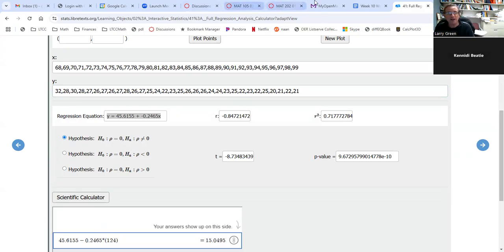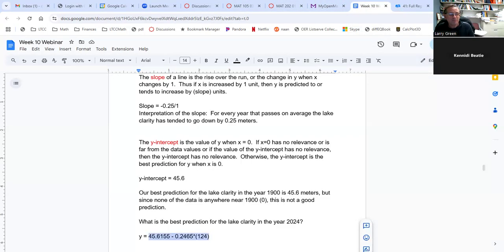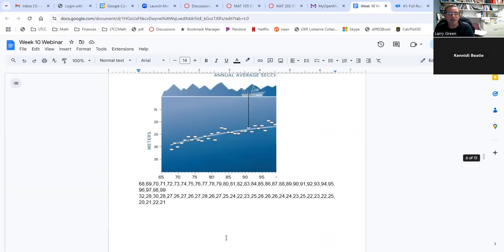Any questions on that? Do you think it'd be okay if our lake clarity went down to 15 meters from what it used to be? If you look at all the meters, what it was then, that's a big drop. Do you see that? Do you think that would be okay?